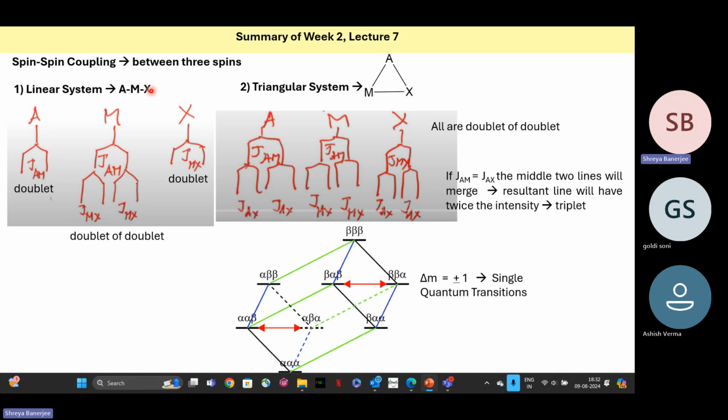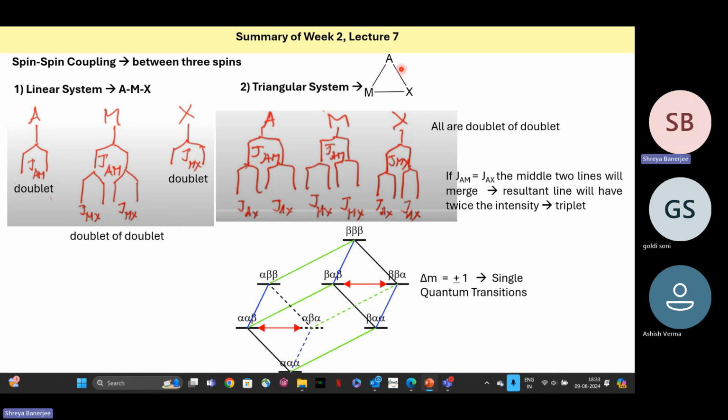And X is again only interacting with M. So X will only split into 2 parts, forming a doublet, and the coupling constant will be JMX because it is getting split by M. So if it is a linear system, you will get two doublets, and the middle proton will be a doublet of doublet.